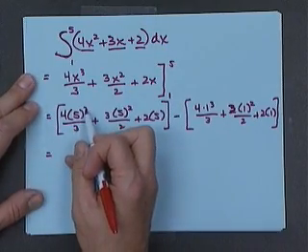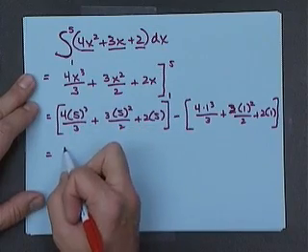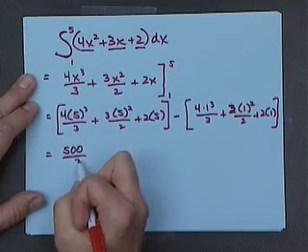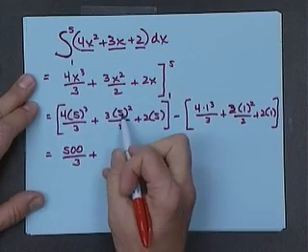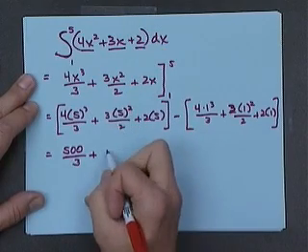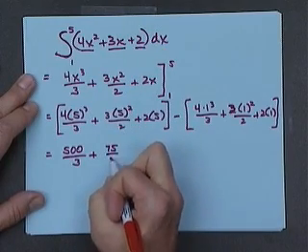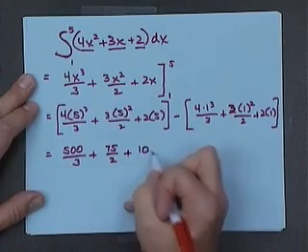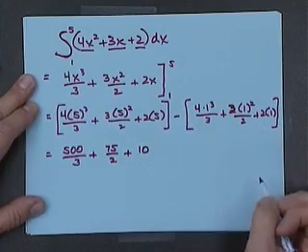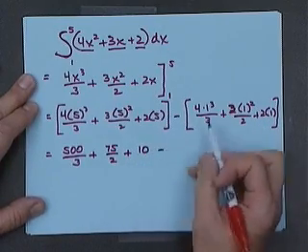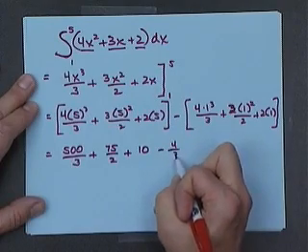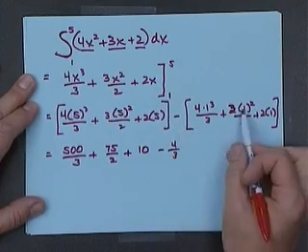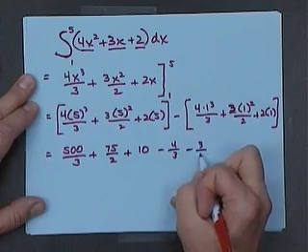So 5 cubed is 125 times 4 is 500. 5 squared is 25, so there's 75 over 2. There's a 10. Everything that follows gets subtracted. So there is a 4/3. There is a minus 3/2.